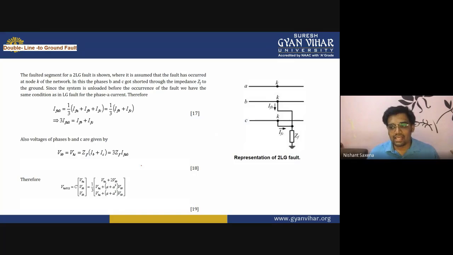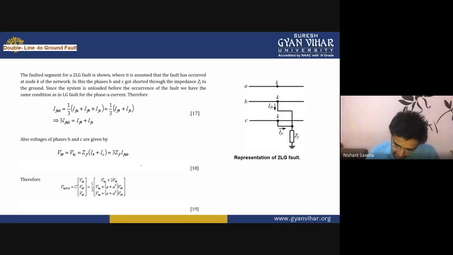At the node K, the B and C phases get short circuited to ground through a fault impedance of ZF. Now, if the phases B and C got short circuited through the impedance ZF to the ground, the system is unloaded also, and on the occurrence of the fault, we will have the same condition as in the case of the line to ground fault for a phase A current type.